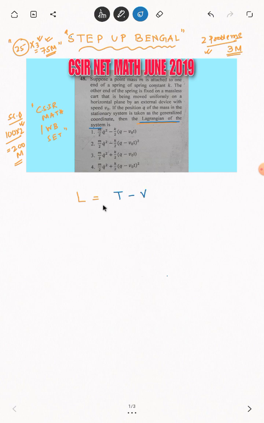Now, before starting this problem, let us recall one of our important results, that is the motion of the spring mass system. The mass is m and this is a spring, and this spring has elastic constant k.